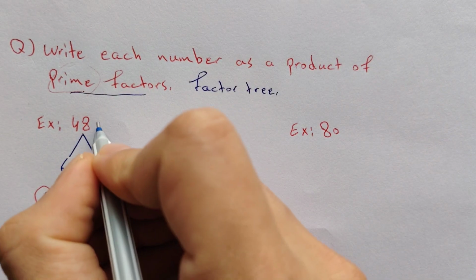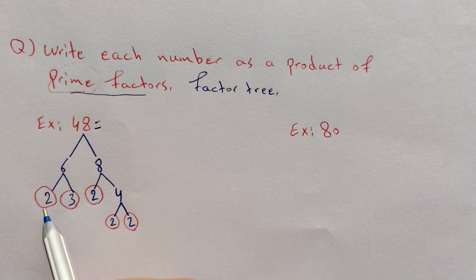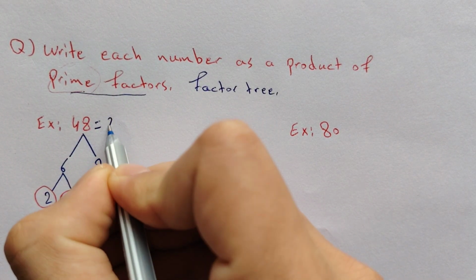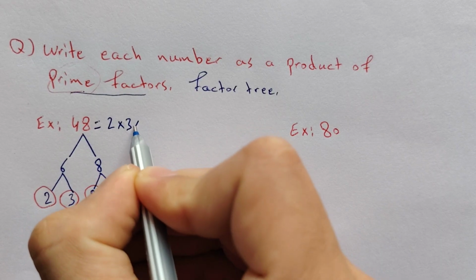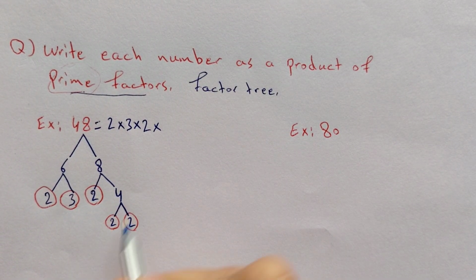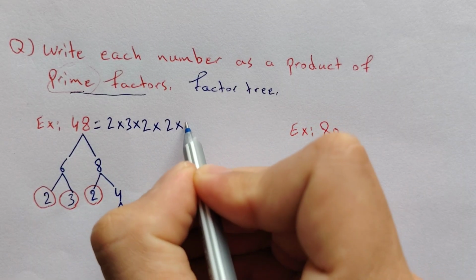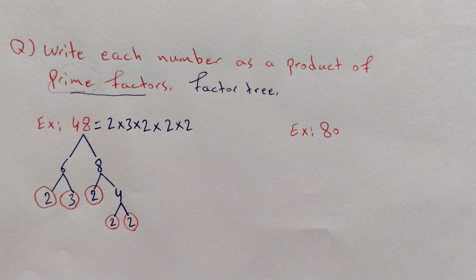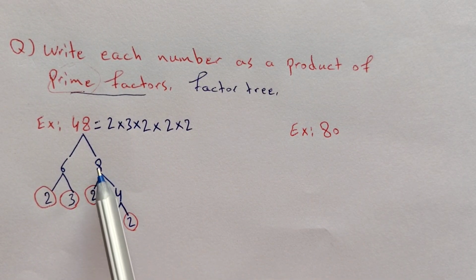Now we say 48 is equal to 2 times 3 times 2 times 2 times 2. It's okay if you write any other factors here.